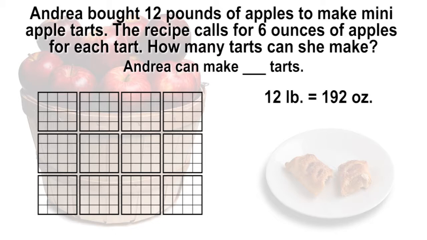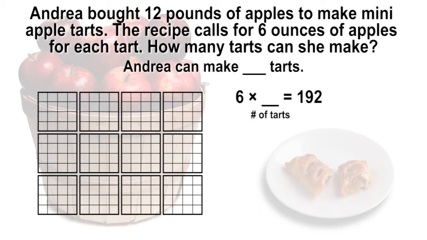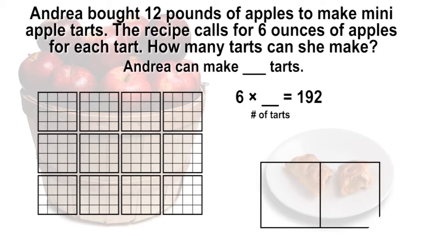Now we need to figure out how many 6-ounce tarts can be made from 192 ounces of apples. 6 times the number of tarts equals 192. Let's use the open array model to solve this. Draw a rectangle and label the sides 6. We need to find out 6 times how many tarts will be 192.